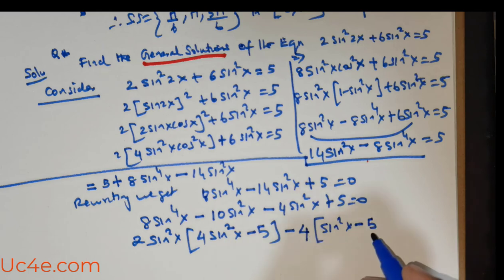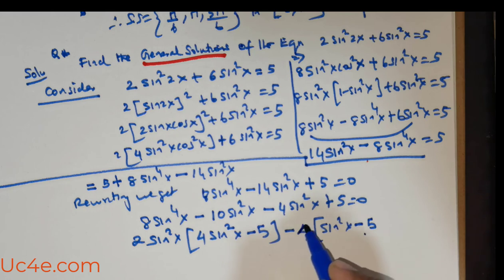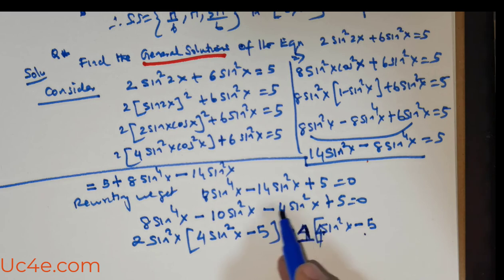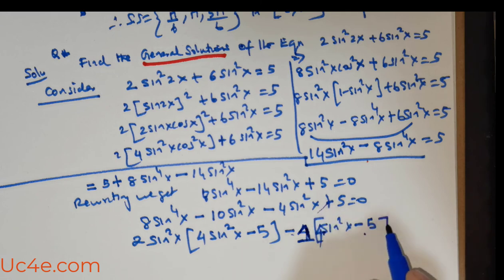If I were to take 4 out, I need to write this as 5 over 4. Then that would give me unwanted issues. So I can take negative 1 out. If I were to take negative 1 out, this is going to be negative 1 times 4 sine squared x. That's fine, so negative 4 sine squared x is there. I need to get positive 5, so that would mean negative 5 here.